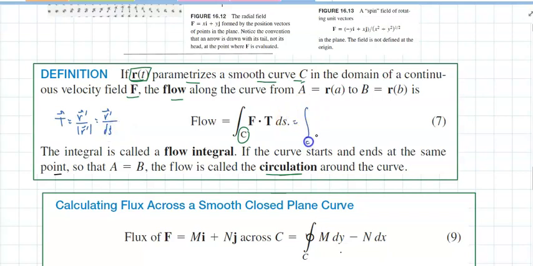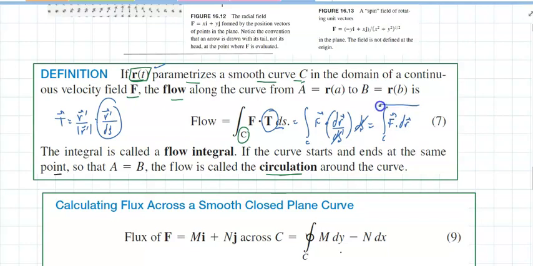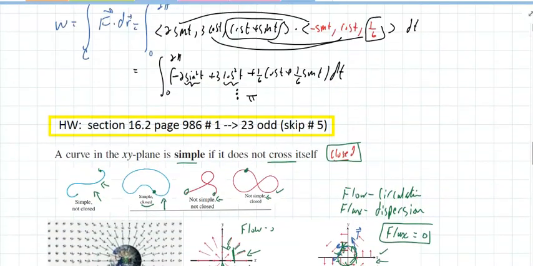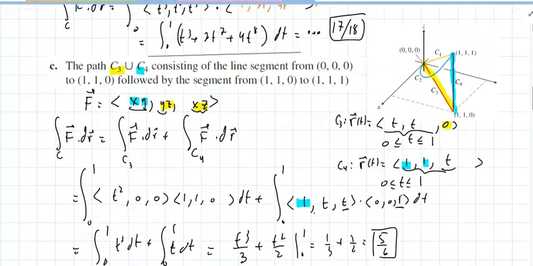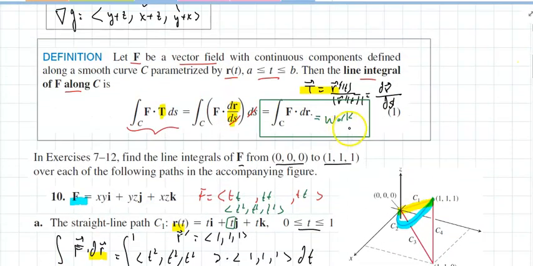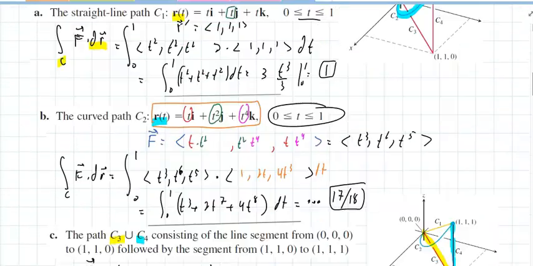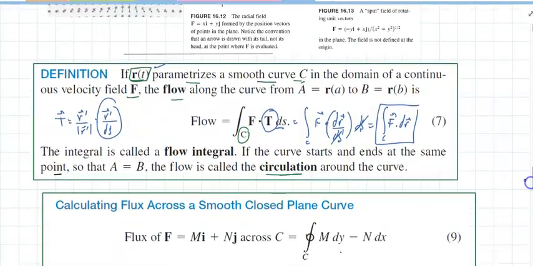So if I write this as the integral along C, and replace this by r prime, the derivative of r, over ds, and if I multiply that by ds, well, those cancel out, and I'm left with the integral along C of F dot dr, and this should ring a bell because we talked about, where was it? Work. That's the same as work. So if I want to figure out circulation, that's the same as the integral of F dot dr.